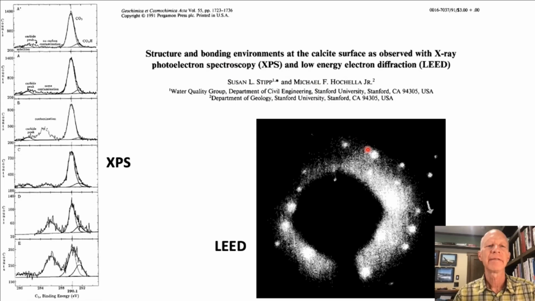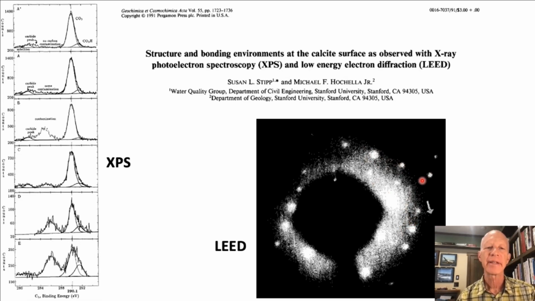And so here you have, instead of using X-rays like we used to solve the previous structure, we're using electrons, very low energy electrons, which are impacting the surface of the calcite, diffracting off, just like the X-rays diffract, the way electrons diffract too. But this is surface diffraction only, because the energy of the electrons are very, very low. So this is a diffraction pattern. These dots are diffraction pattern dots of electrons being scattered off the surface.